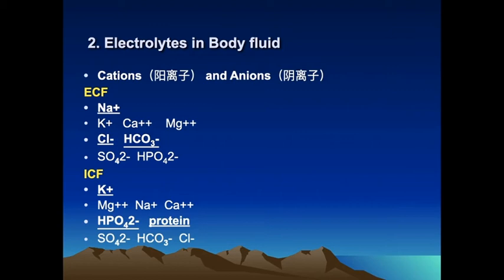In ECF, we have the listed electrolytes, and in ICF, all the electrolytes are listed here too. Have a look. Do you know there are so many electrolytes in our body?